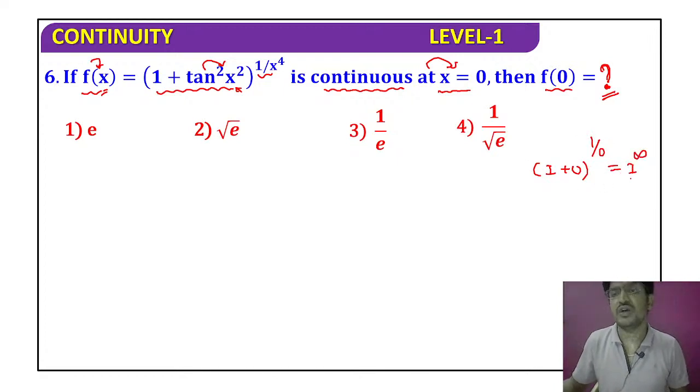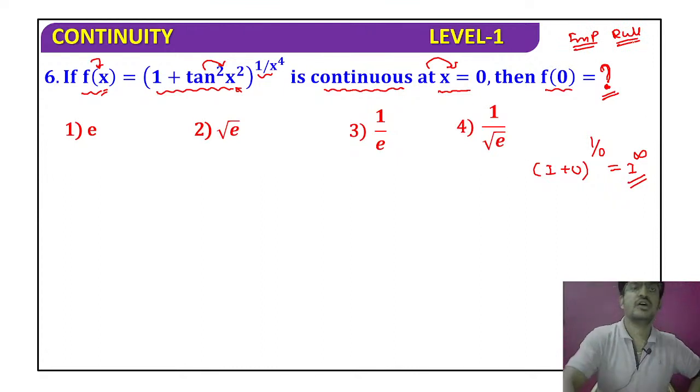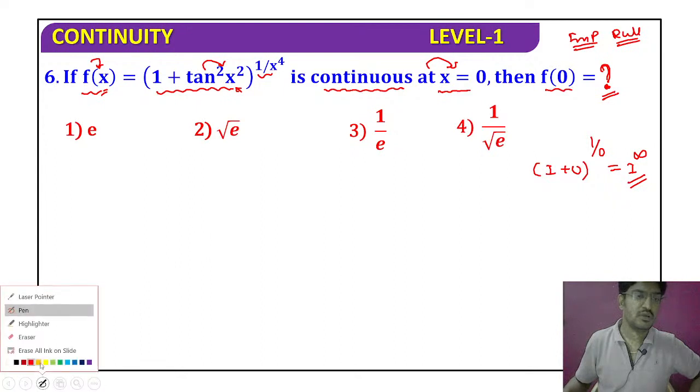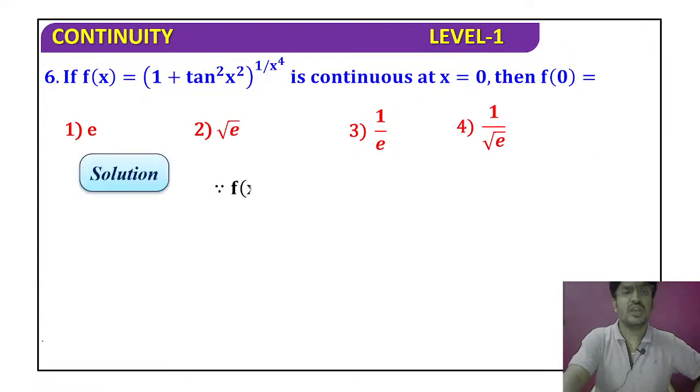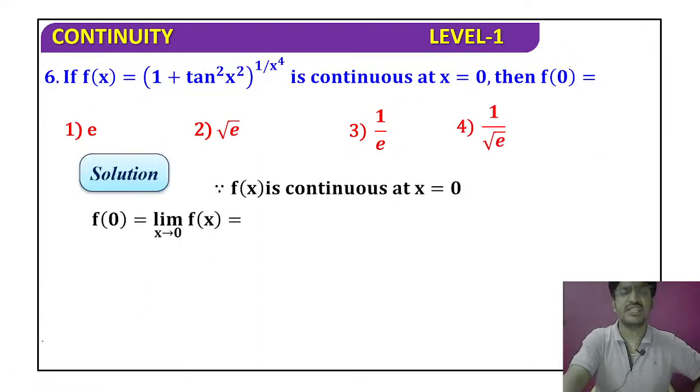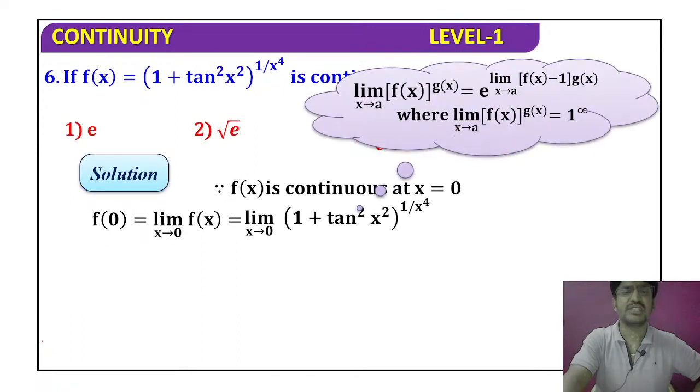So whenever the function comes in the form of 1 to the power of infinity, there is one important rule. What is that important rule? You just see. Here f of x is continuous at x equal to 0 is given, and limit x tending to 0, this term becomes 1 to the power of infinity.